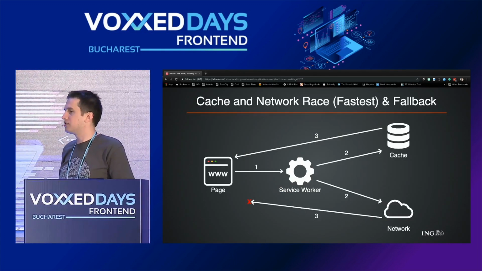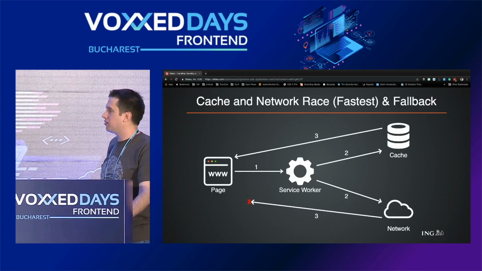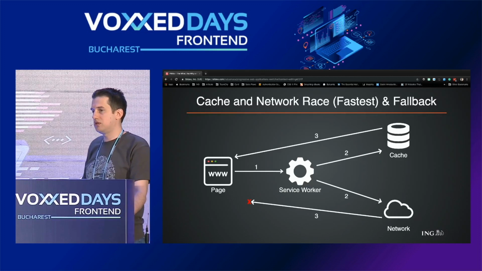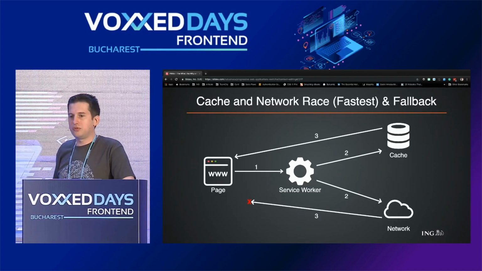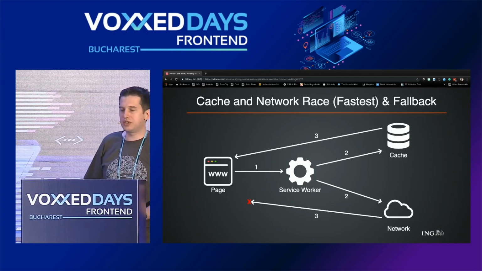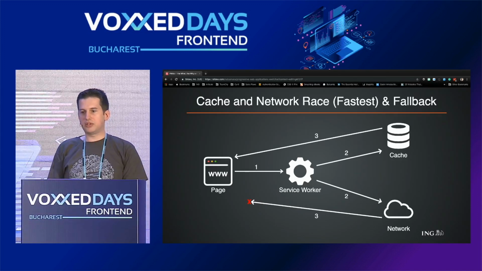Now, it gets hairy. What if I want to trigger a request, but I want to have a race between the cache and the network? Well, you cannot. It will be cheating if you have the cache respond immediately, because if there is something in the cache, you just get it and the network will lose. So you have like a rabbit and the turtle race.